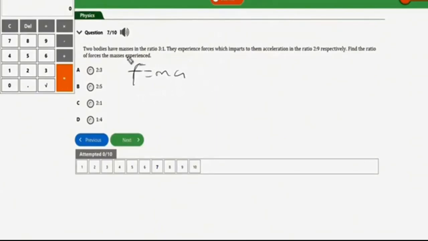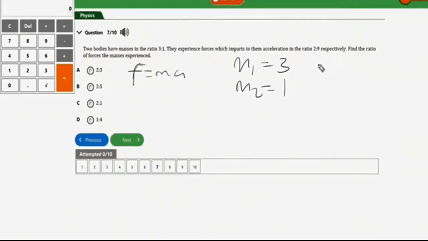Now, in this question, we have the ratio of mass. We have two bodies having masses in the ratio of 3:1. So the first mass is 3, the second mass is 1. Then we go to the acceleration.